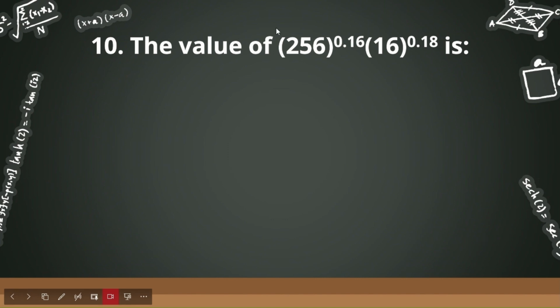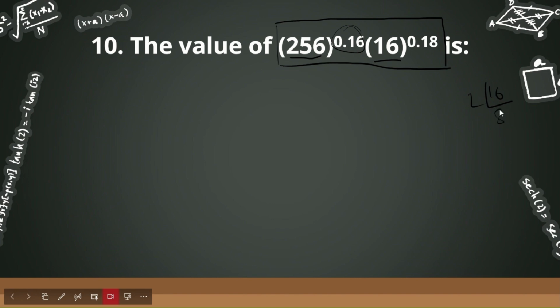So, we need to evaluate 256 to the power 0.16 times 16 to the power 0.18. There's no need to get tense because there's a decimal in the power. We just have to notice that 256 and 16 both are powers of 2.